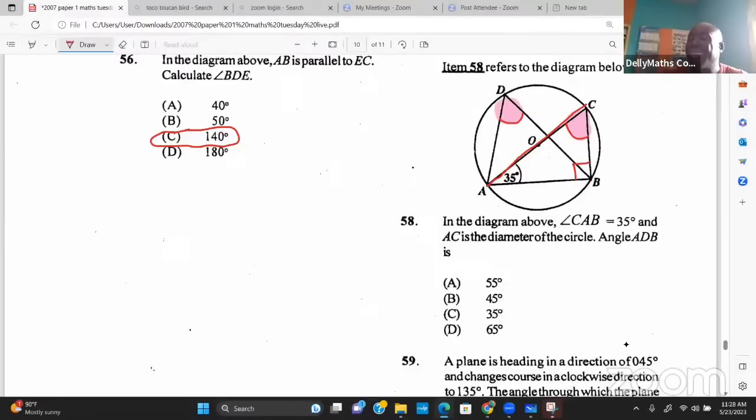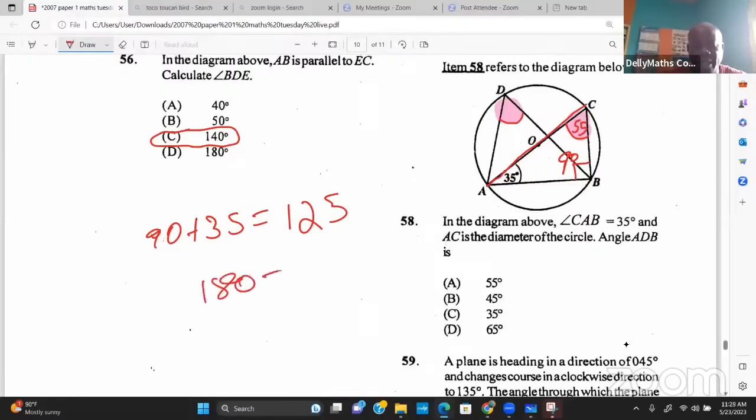Angle in a semicircle is 90, so that is how I'll get 90 here. So then I simply could say, if I add that 90 and that 35, I'm going to get 125. And then if I take 180 minus the 125, I'll get 55.